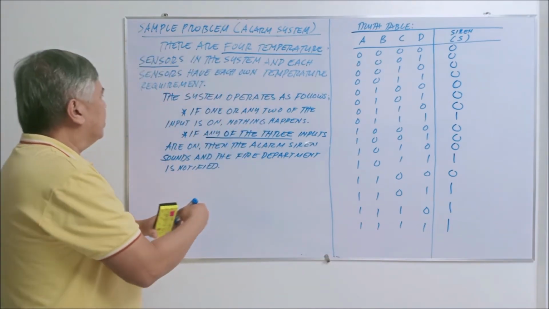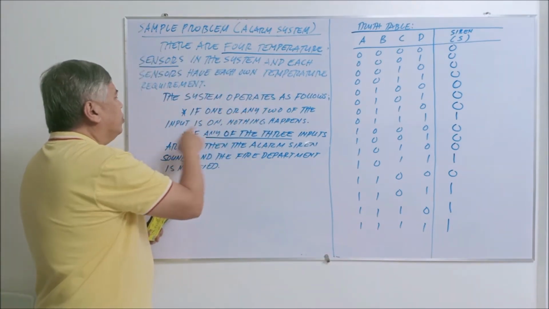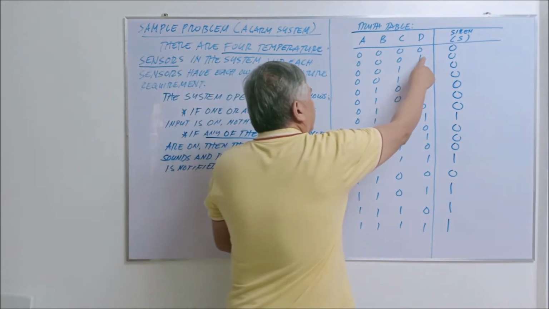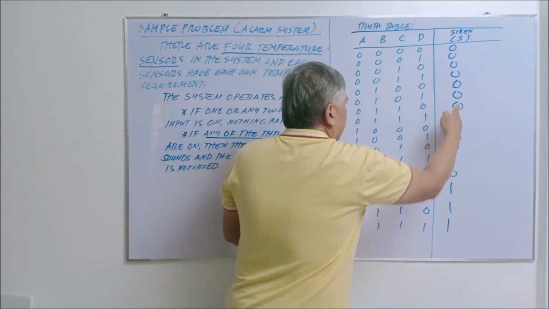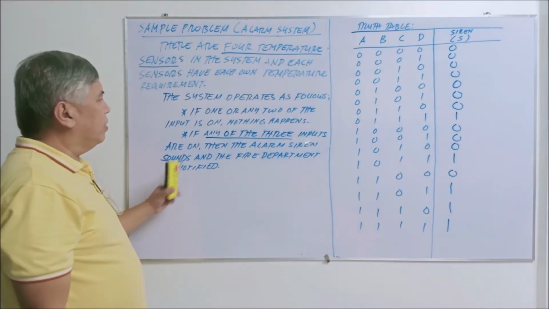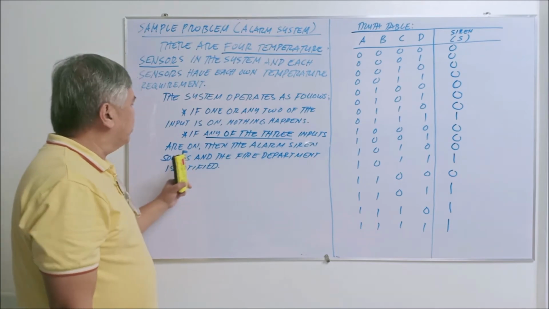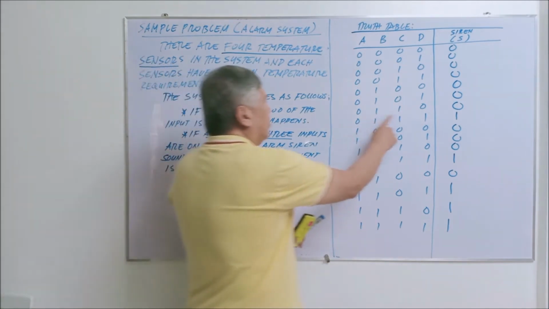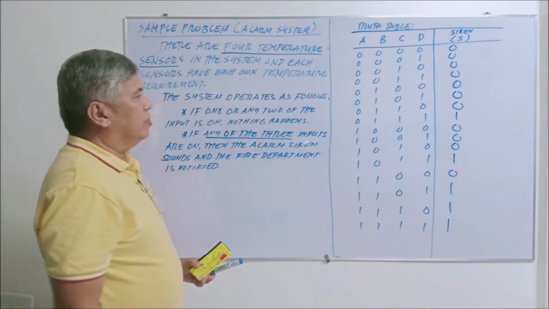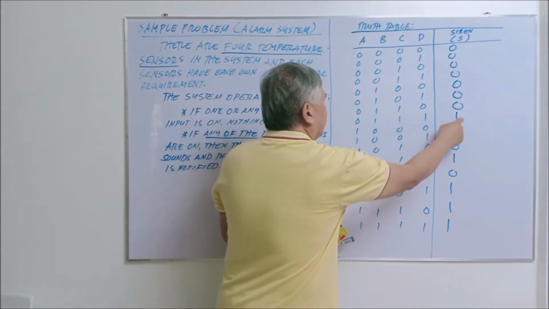So again, if any 1 or any 2 of the inputs is on, nothing happens, no? So, kung isa lang or duha, nothing happens. Meaning to say, the output is 0. But if any of the 3 inputs are on, then the output is 1. So you have here 3 inputs that are 1.